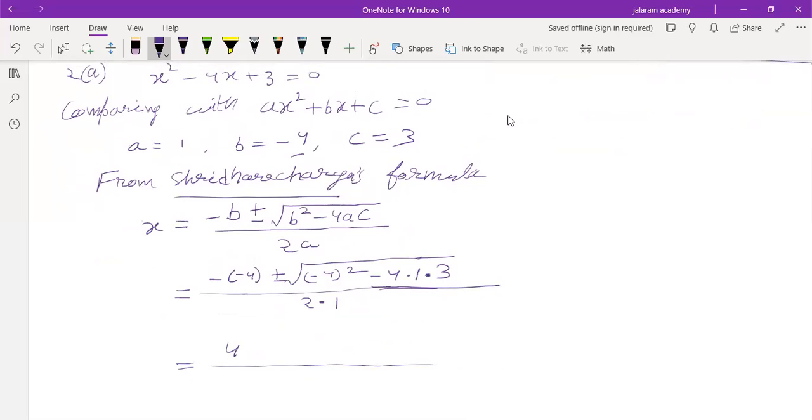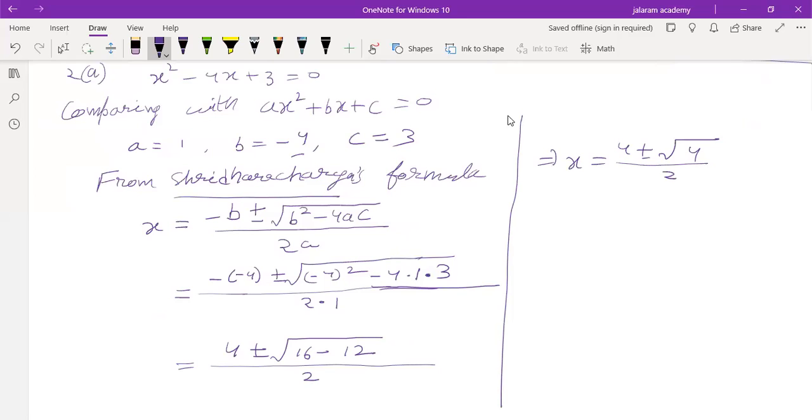Minus of minus 4 is 4. Plus minus square root of minus 4 square is 16. Minus 4 times 3 is 12, upon 2. Is that clear to everyone? It implies x equals 4 plus minus square root of 16 minus 12, upon 2, equals 4 plus minus square root of 4 which is 2, upon 2.